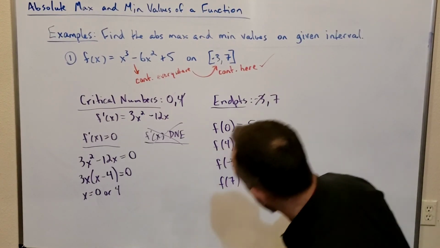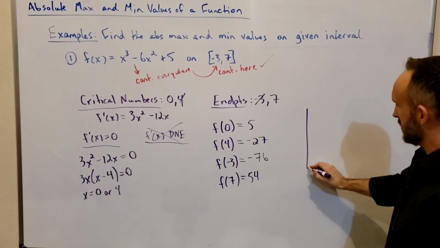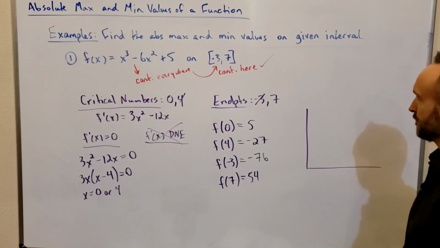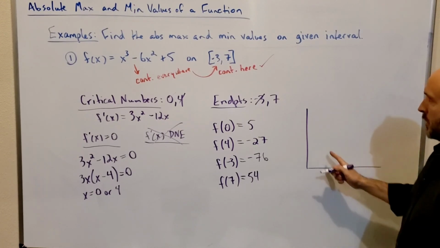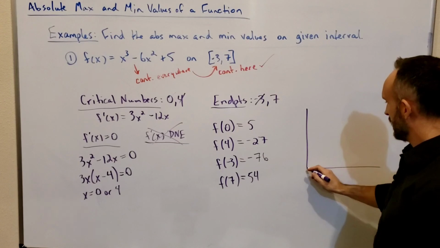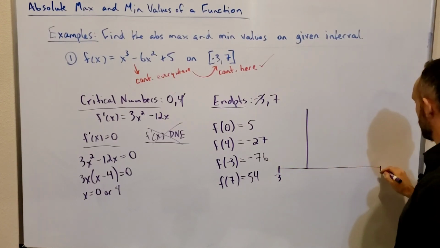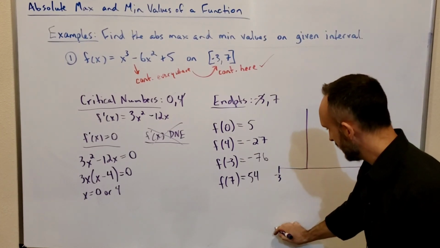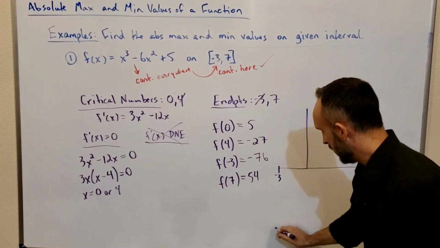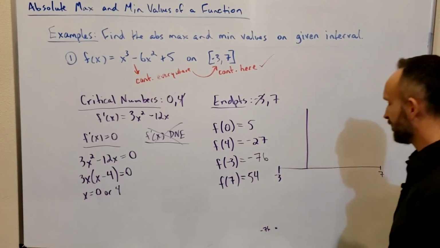So if we were to graph those points, just to get an idea of what this is telling us, we're going on the closed interval from -3 to 7. The output for -3 is -76. So that's -76 is its y value.